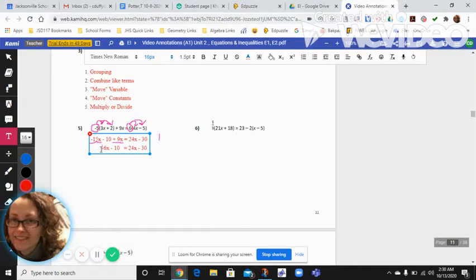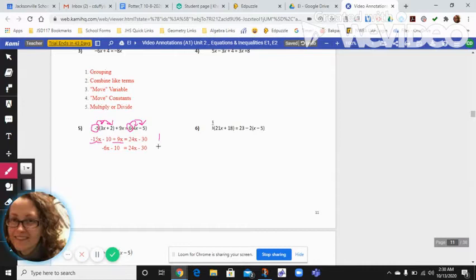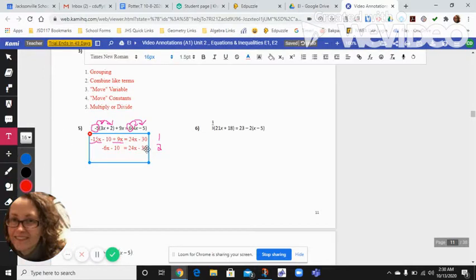It's really easy to forget about the -10 or forget a sign if we're not rewriting our steps along the way. So that was step 2, combining like terms. So now I want to move all my variables to one side.